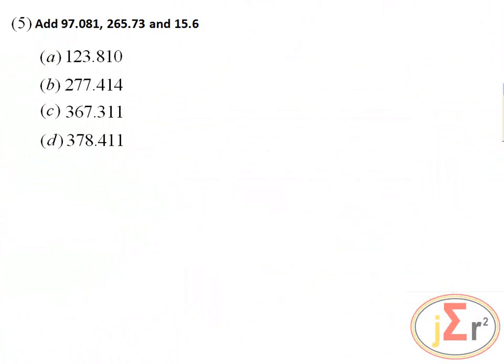Now, we have some numbers that we are required to add. What do we need to give serious consideration to when we are adding these numbers? What do we think about? What do we consider?